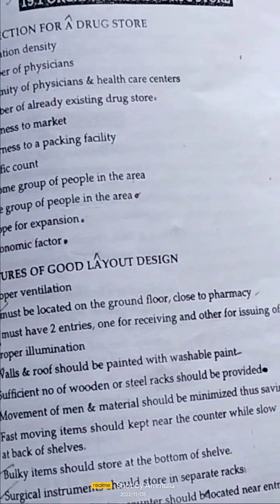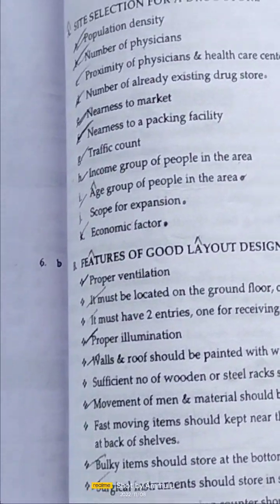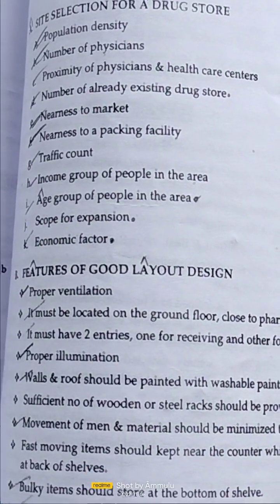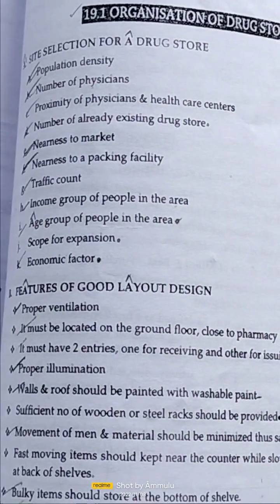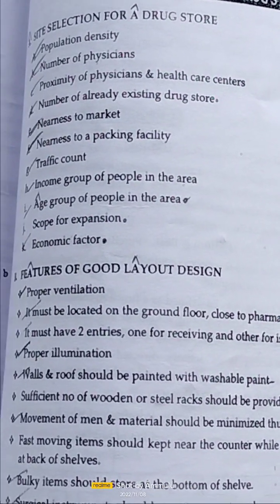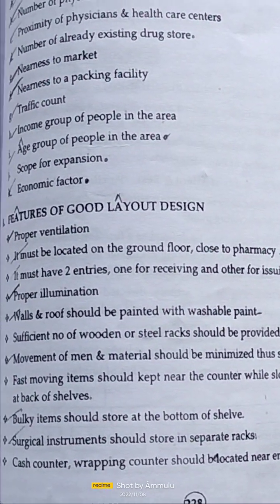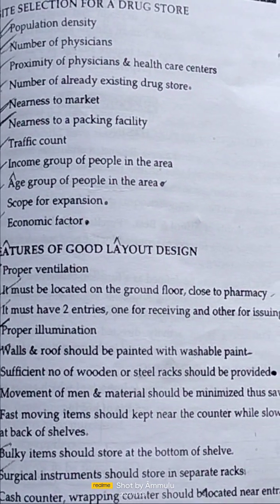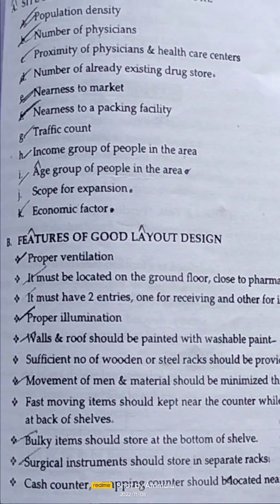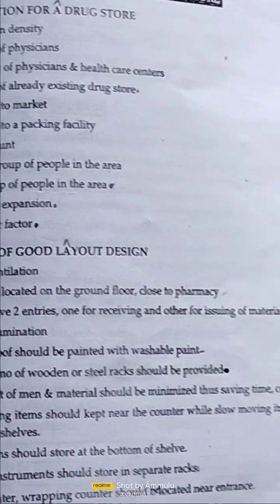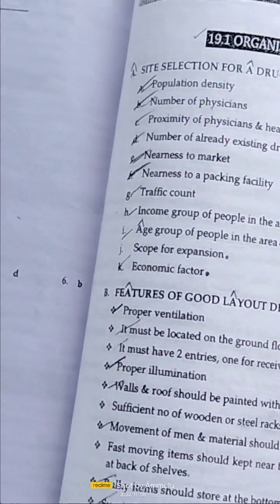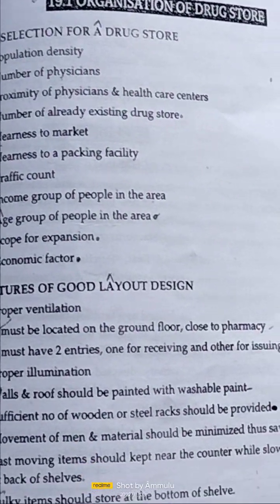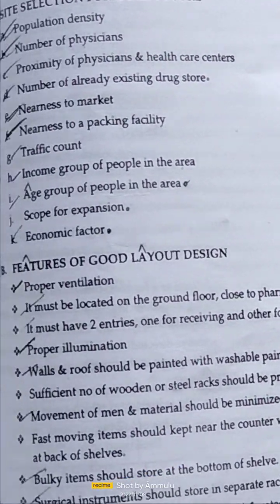looking for the appearance, what is called the infrastructure of the drugstore will be perfect, and measuring layouts will be proper ventilation, which is having ground floor and proper roofs, and the drugstore having number of physicians and age group of the people in the area.